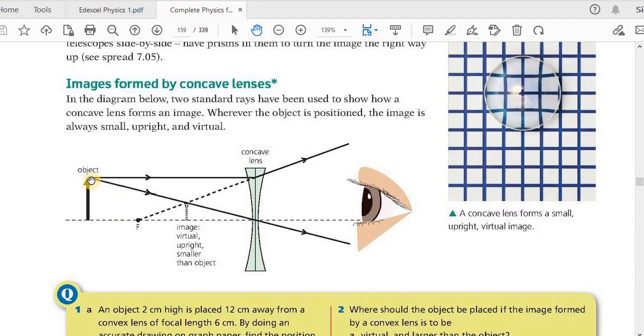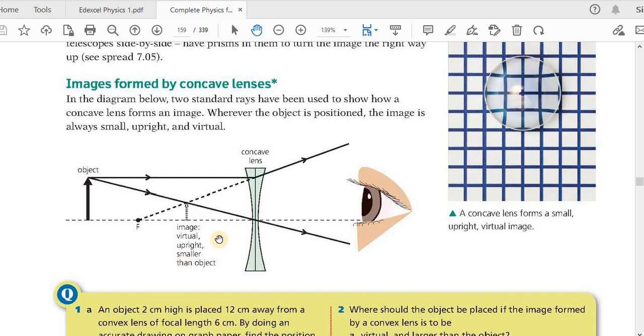Then what was the second thing? You draw a line passing through the center of the lens from that point on the object. Now where these two meet, the extended line and the line passing through the center, we will have the corresponding point of the object on the image there. So that is the tip of the arrow.